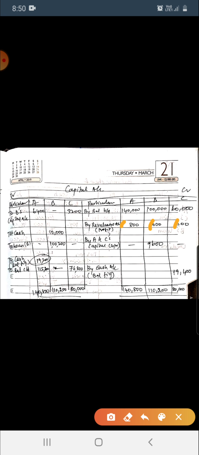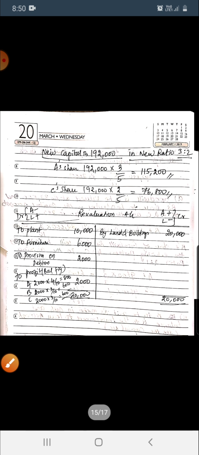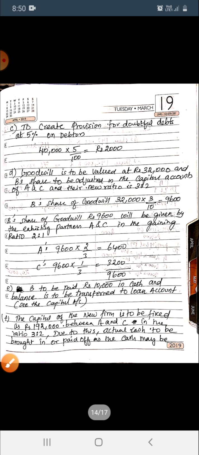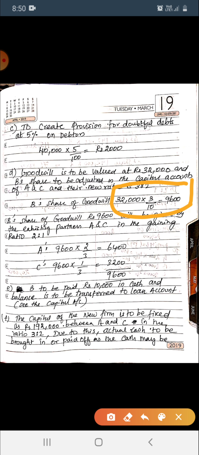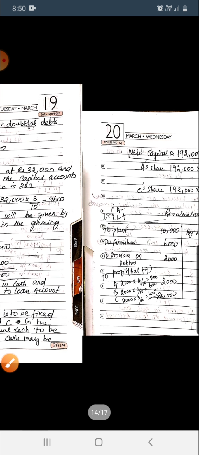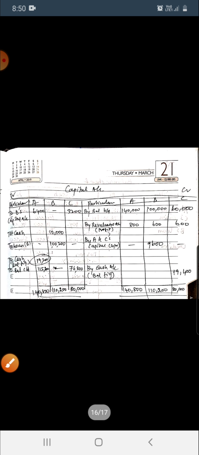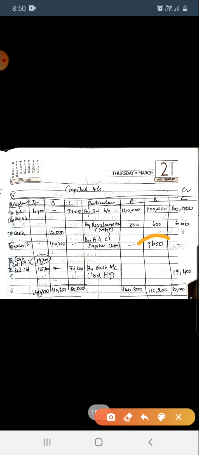After recording that, the goodwill part. As you know, B's share of goodwill we have calculated as 9,600 from the calculation. That will be recorded in the capital account. So we are recording here 9,600 by crediting A's and C's capital and debiting B's capital, and recording the 6,400 and 3,200.